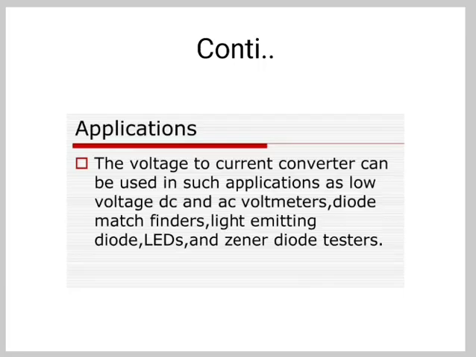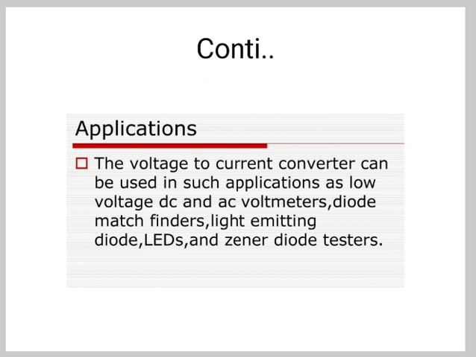Next application, when the switch is in position 3, the circuit becomes an LED tester. When the switch is in position 3, the LED current is set at a constant value by Vin and R1. The LEDs can be tested for brightness one after another at this current.